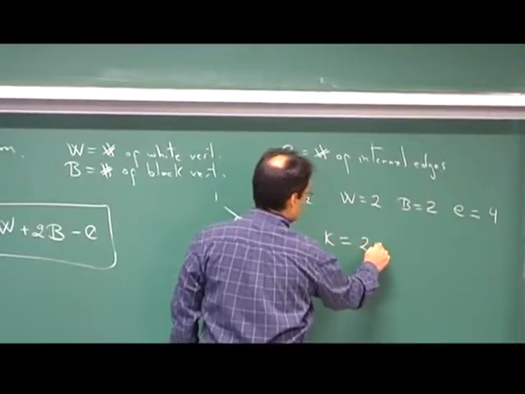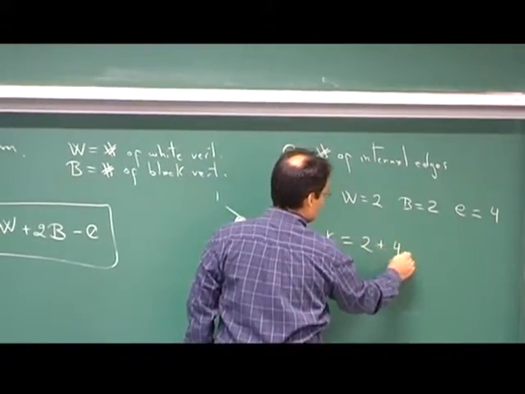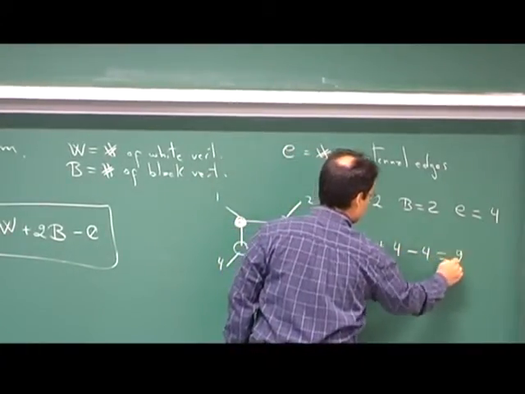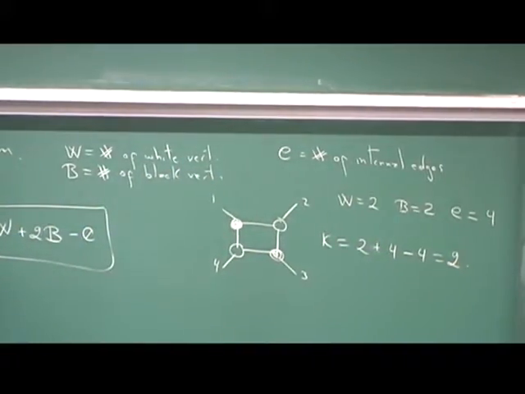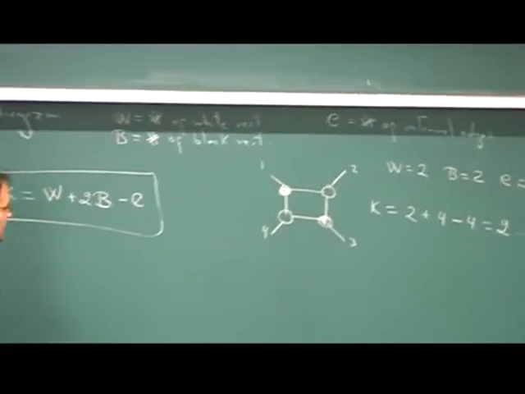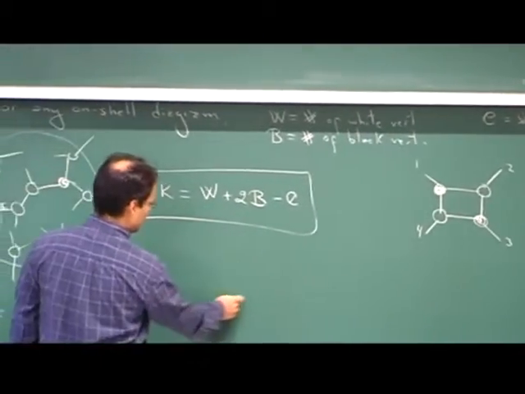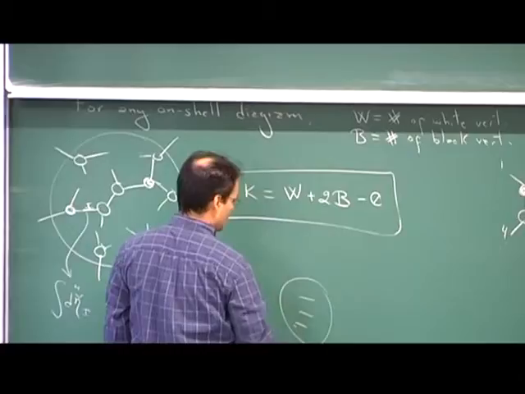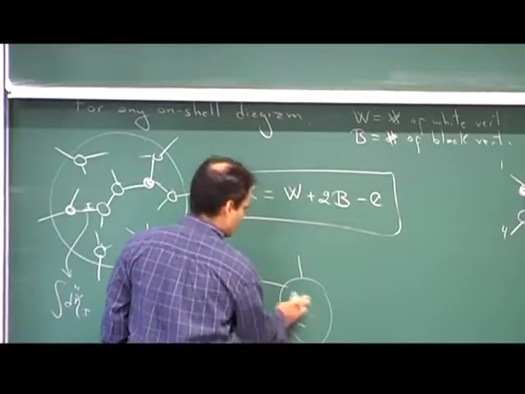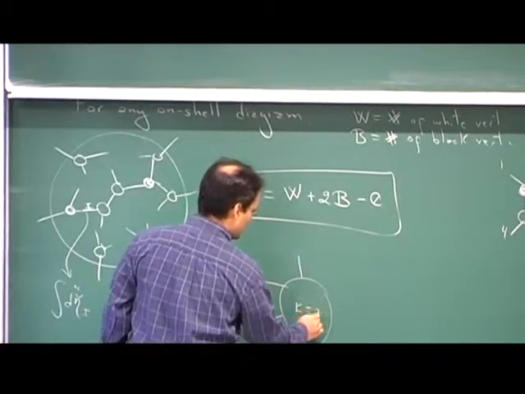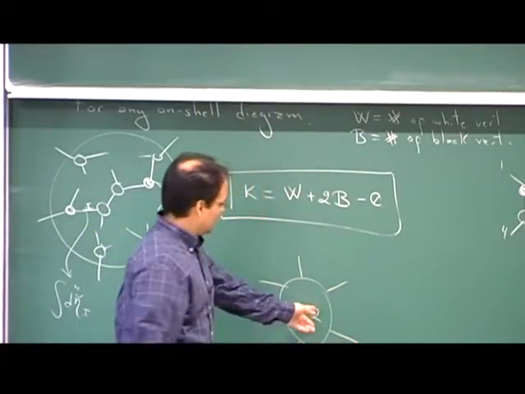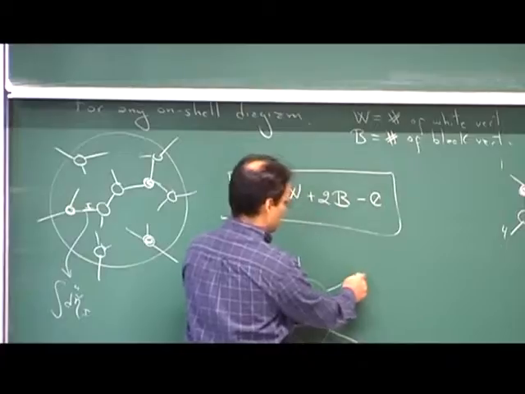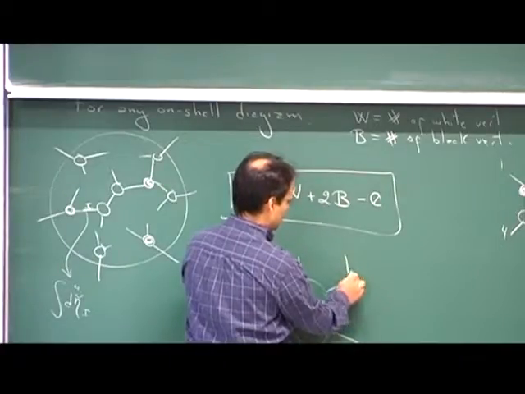So you get 2 plus 4 minus 4 is 2. So that works out fine. Okay? And now you see why in the exercise I gave you yesterday, for any diagram with K equals 2, I told you that you can attach to it what I call an inverse soft factor.